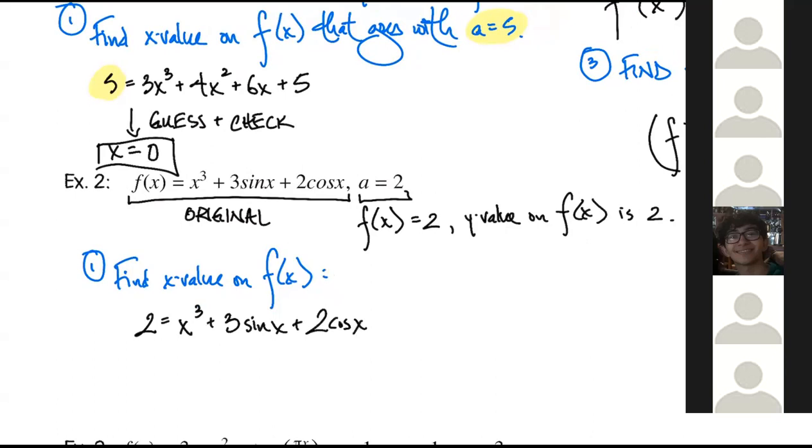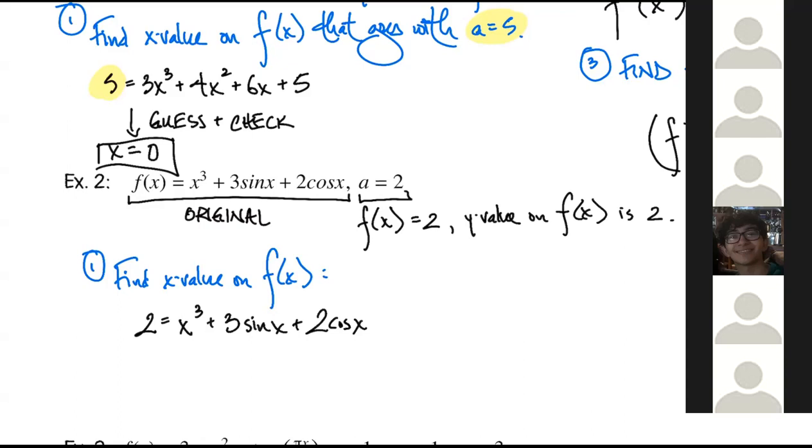And this is when it is helpful to know our trig values, like our unit circle values. We're going to try plugging in numbers that are 0, 1, or -1. That'll be the flavor of question that I ask you to find. So let's try plugging in some values and see what we can plug in to get a y value of 2.